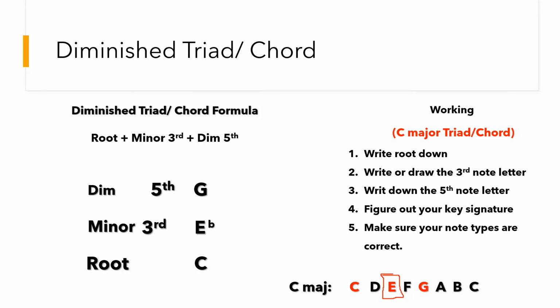So once it is within the key, and this G is a G natural within the key of C, that means this G here, and I'm going to draw an arrow, this G is a perfect, that is my P, people. This G is a perfect fifth.